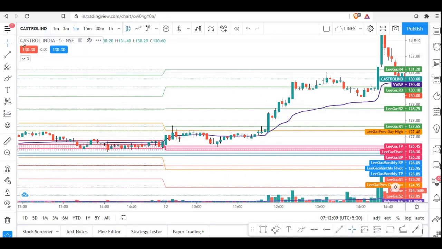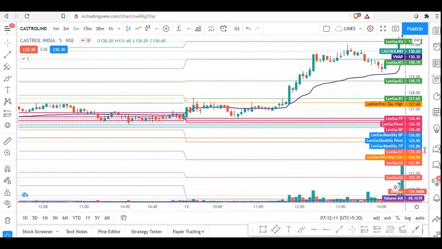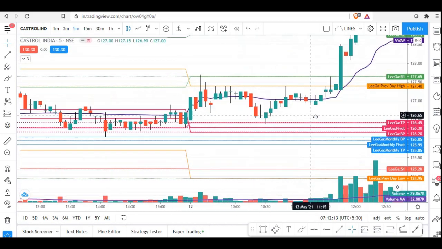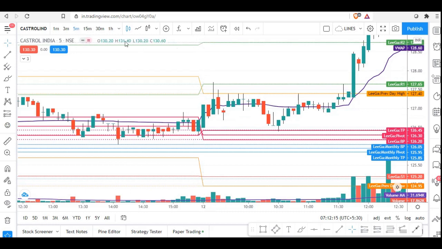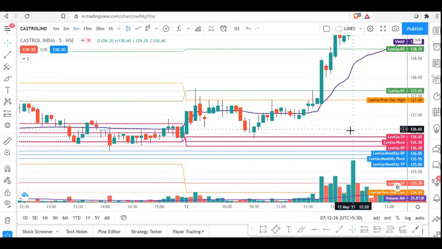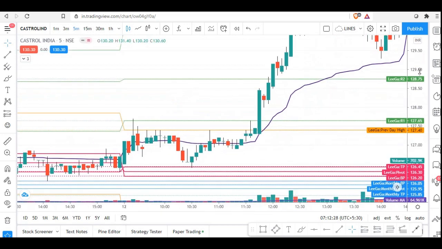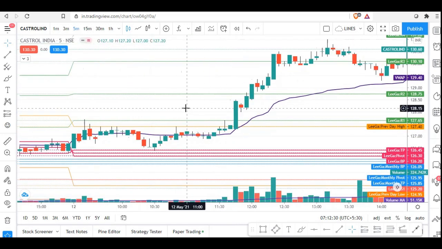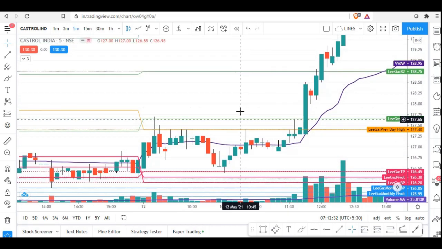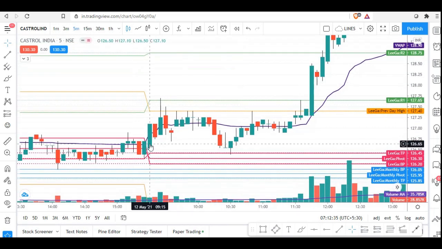Both are the same. Otherwise, you can go for the TradingView chart and check whether it's correct or not. We can check here. Open is 126.50, 126.50. There is a lot of difference.